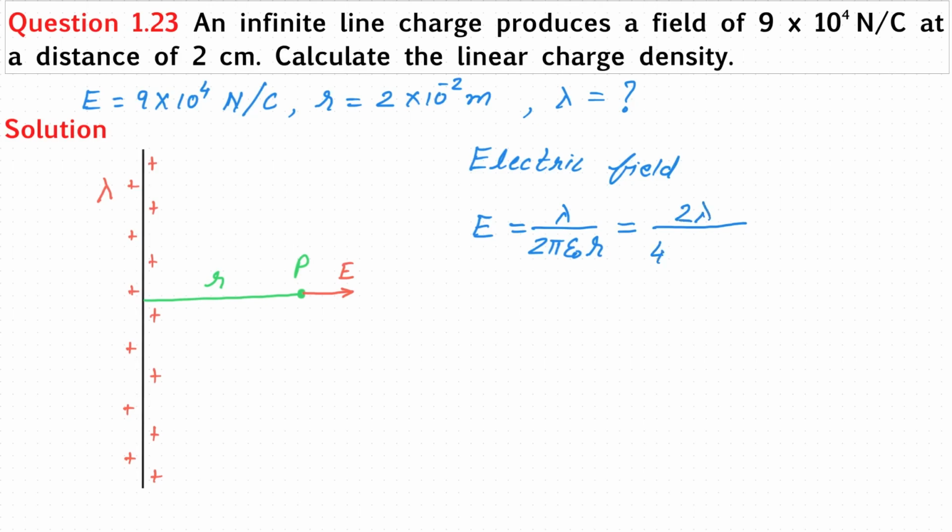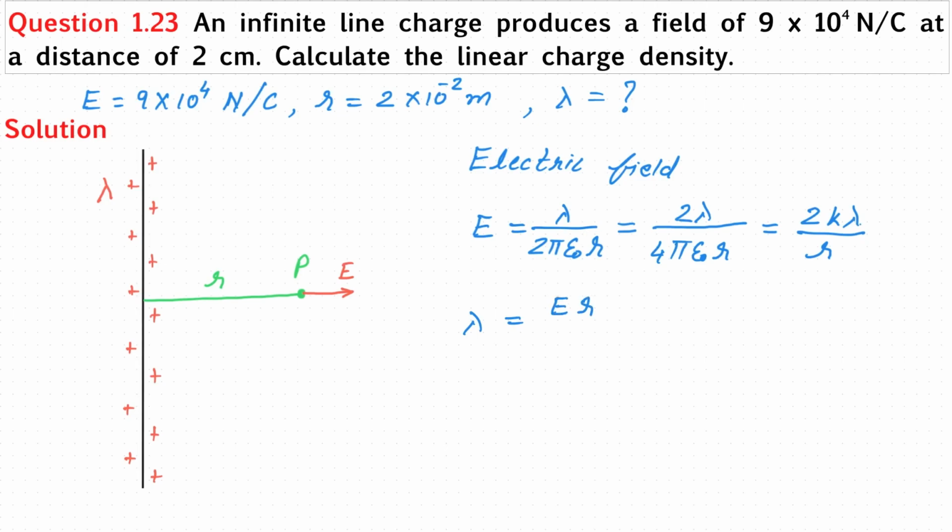So it will be 2 lambda upon 4 pi epsilon 0 r. So now I can write this equation as 2k lambda upon r, because 1 upon 4 pi epsilon 0 is k. So now we can find lambda easily.